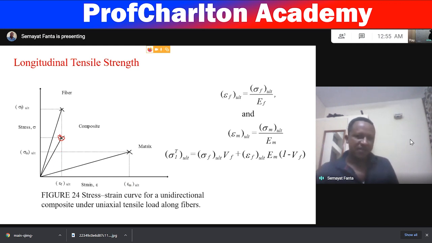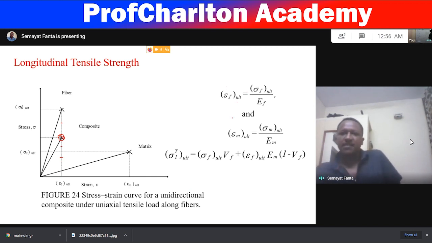This is not the matrix but the composite. This is for the fiber, this is for the matrix, and our composite is in this region. Maybe someone designs it to this point, or someone may design it to this point or this point. It depends. So this is the combination.